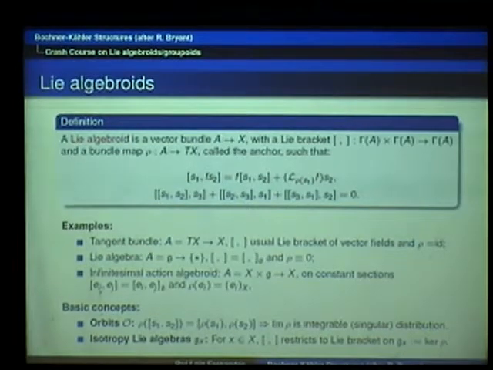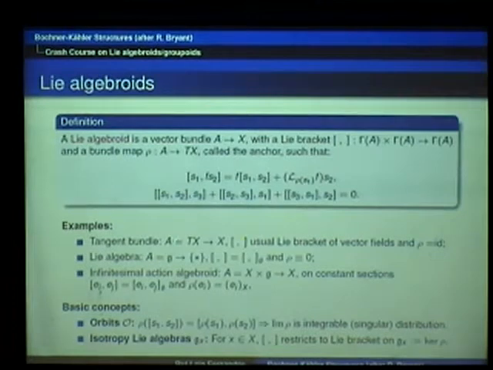So at each point you have a different Lie algebra, which is called the isotropy Lie algebra. If you go to this infinitesimal action algebroid, you will see that these orbits are nothing but the orbits of the action, and the isotropies are nothing but the isotropies of the action. That's the reason why I mentioned this elementary example.